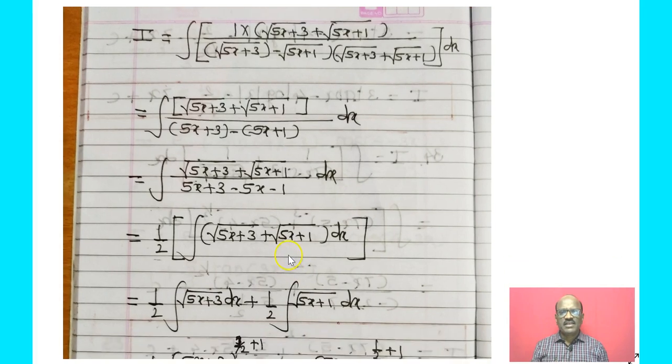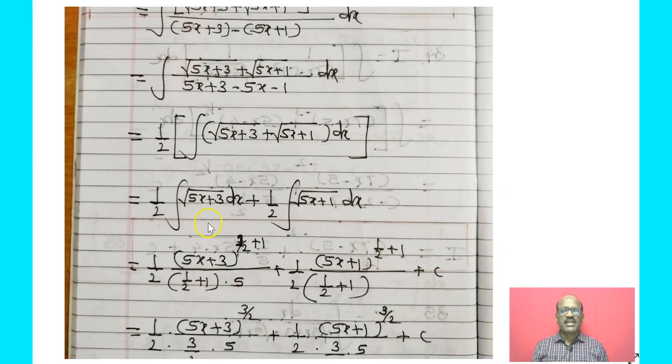It is of the form integral of (ax plus b) raised to n. Therefore 1 upon 2 root of 5x plus 3 dx plus 1 upon 2 root of 5x plus 1 dx. Its power is 1 upon 2 plus 1. Again the coefficient of x is 5. Its power is 1 upon 2 plus 1, and simplify.